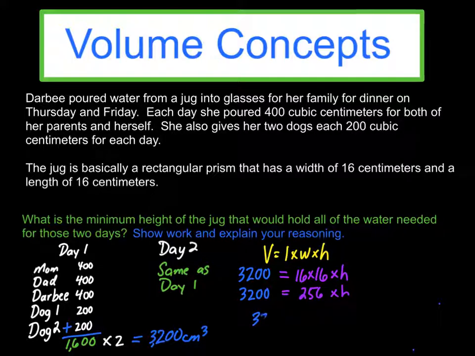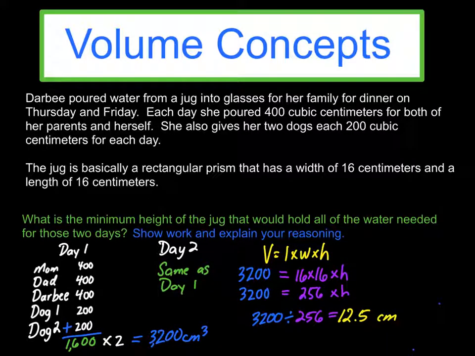So we do 3,200 divided by 256, and we get the answer of 12.5, which tells us what our height needs to be to fit all of that water into the jug, and that 12.5 needs to be labeled centimeters to match up with the label of the rest of our question.